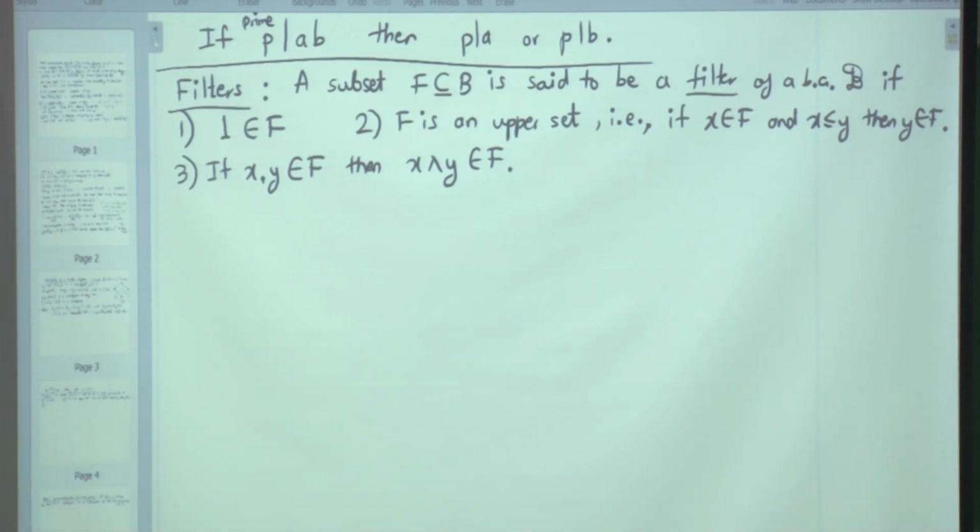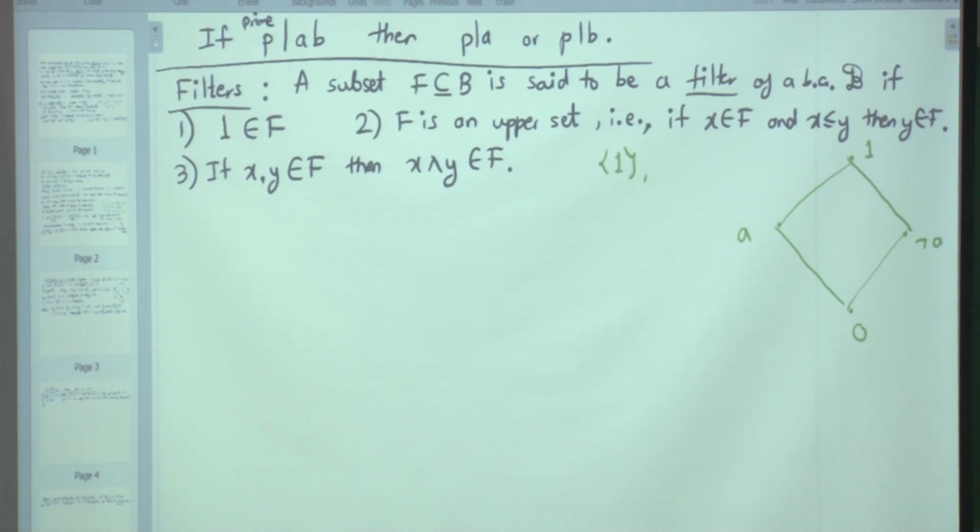Once again, I am going to draw an example because otherwise you won't understand what's going on. Very simple example. Can you describe all filters in here? 0, A, negation A, 1. Singleton 1. Singleton 1 is a filter, very good.